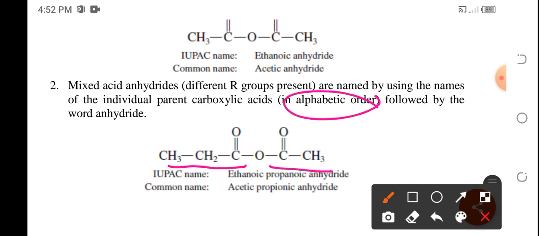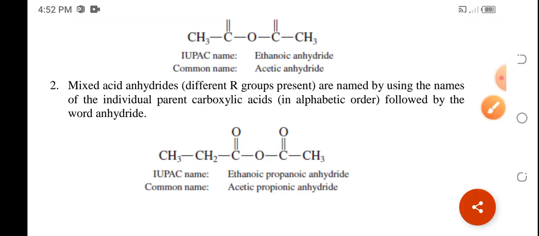Arrange them alphabetically, ethanoic first, then propanoic. Acids are dropped and replaced by anhydride, so the IUPAC name for this would be ethanoic propanoic anhydride. Take note that there are spaces between these three words.